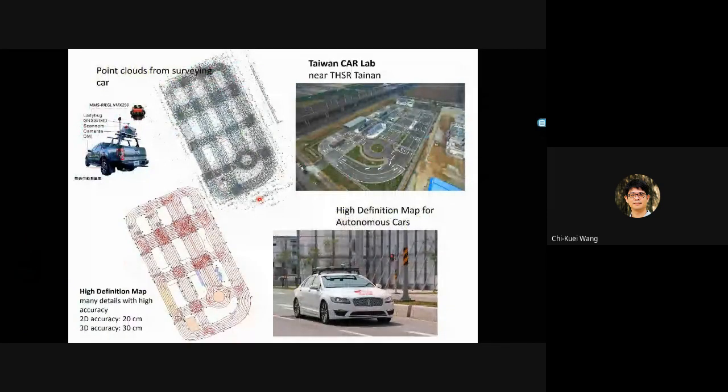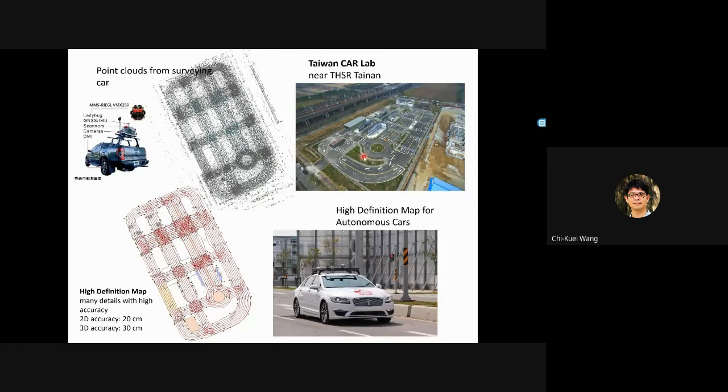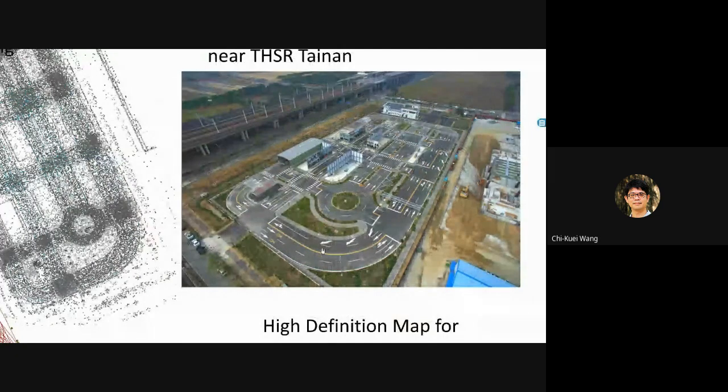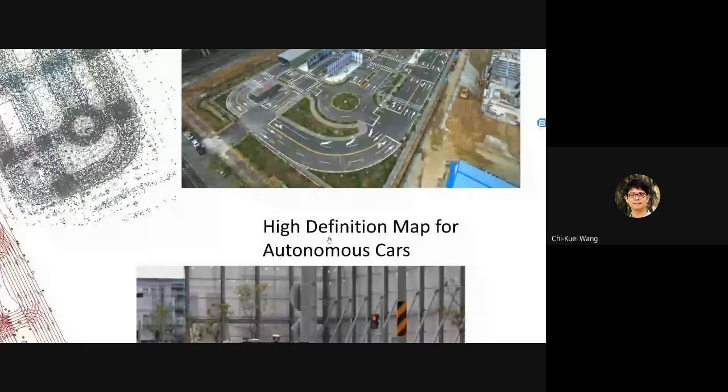So in Taiwan, for myself, now the autonomous car is a big topic. The government built this site as a test site for autonomous cars. And for autonomous cars, we have a term called high definition map. We want to create a high definition map for autonomous cars.